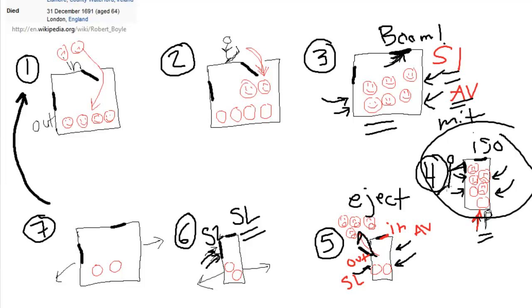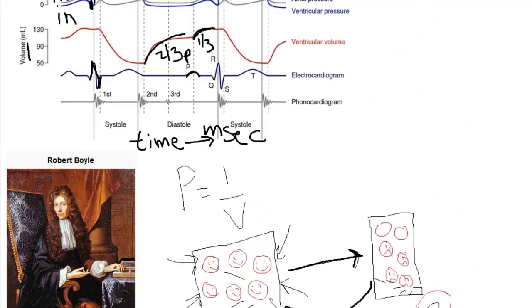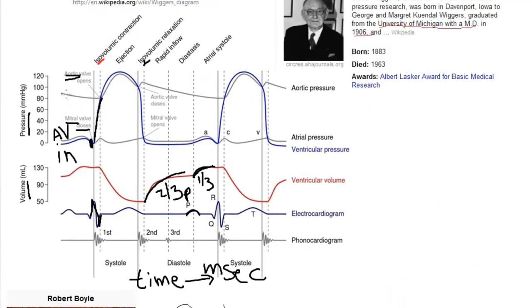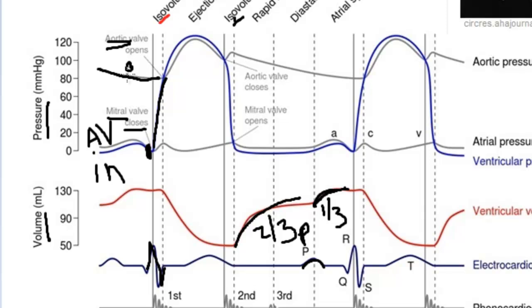They're holding the door shut, and once the pressure becomes so big that it's stronger than this guy out here, stronger than the valve, boom, it's going to eject out. Here's the guy holding on to the door right here. The pressure gets stronger, boom, the aortic valve opens up, and we have ventricular ejection going out the aorta. And if you notice, 120/80, that's our systolic over our diastolic pressure going out.